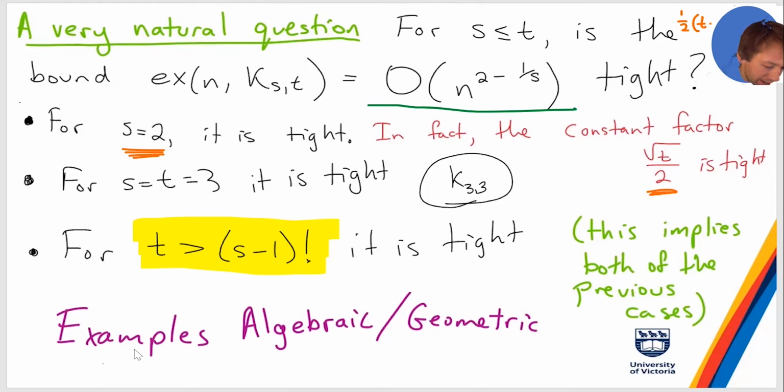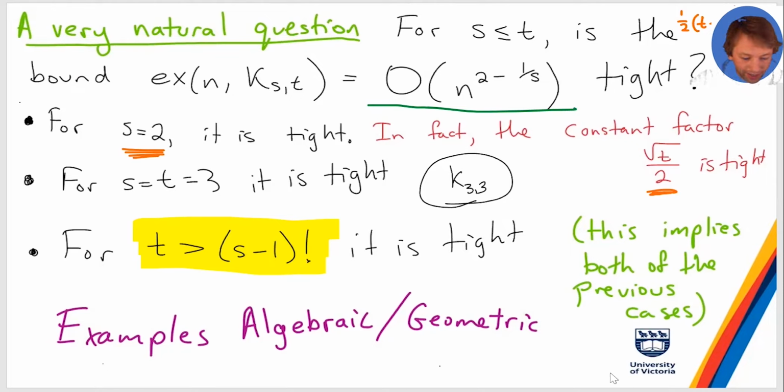But this tells you that in a wide variety of cases, at least infinitely many cases, this bound couldn't have been very wasteful because it's actually tight, meaning there's a graph that achieves that number of edges. Is it clear what I'm trying to say here?